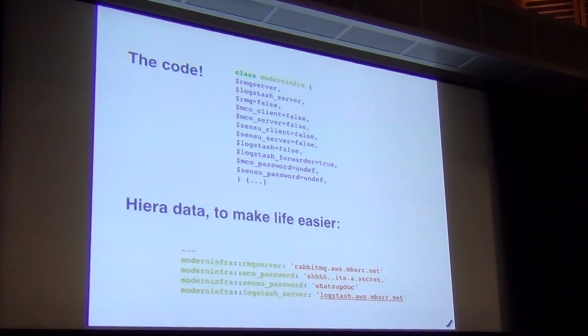You specify the RabbitMQ server, the Logstash server if you want to use it, whether or not that server is supposed to be a RabbitMQ server, whether it's a client or a server for mcollective, etc., etc. And this is why Hiera comes in handy, because you don't necessarily want to put all these things in every time you run this code. So you can put it in pretty much here, and you'll set up passwords and usernames and things like that.